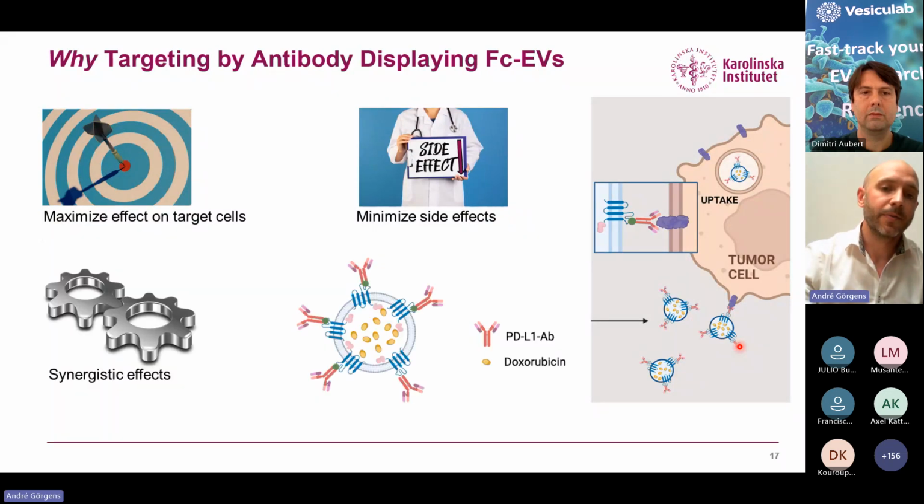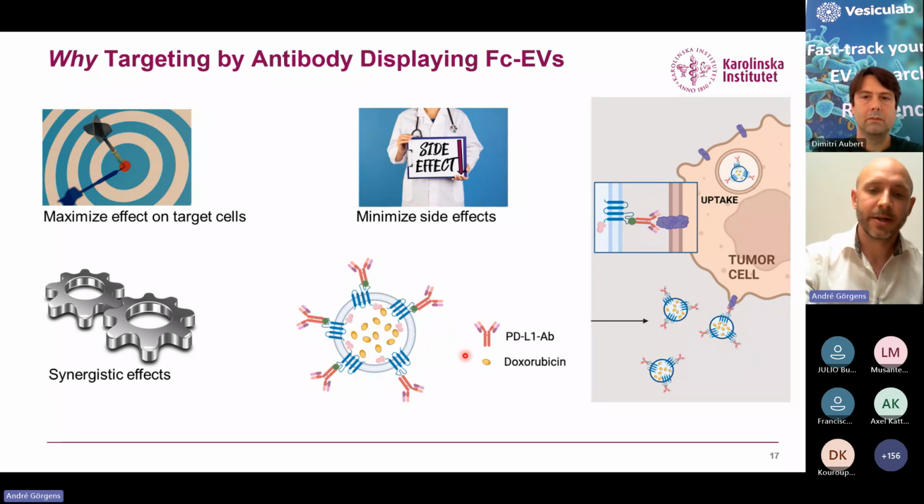Here, we put yet another layer on this by thinking that we can also, through this targeting, have a synergistic effect. If we use this PD-L1 antibody, as I mentioned, it's a checkpoint inhibitor, so we will have an effect of the antibody. And this will also help us get the EVs to target the tumor site.